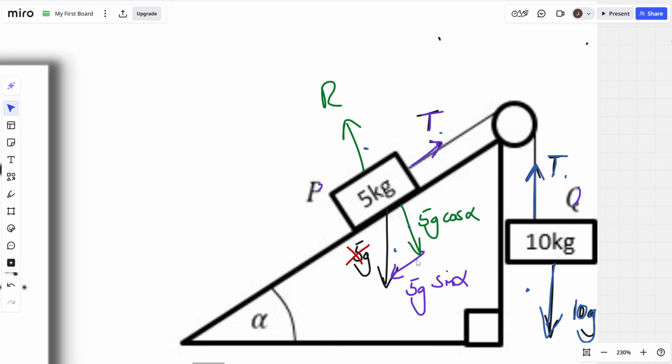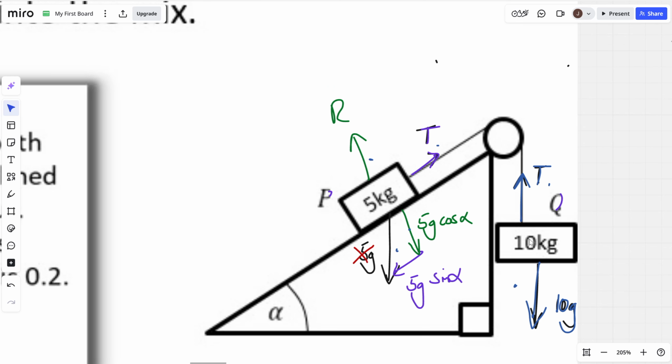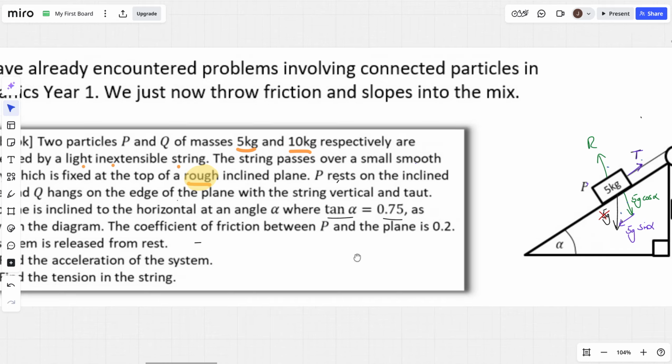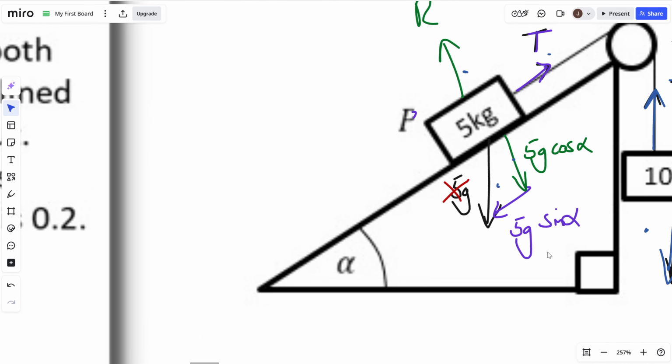So how do we do it? Well, what we've got to realize is that 10G is quite big compared to 5G, isn't it? And when you do 5G sine alpha, well, sine alpha was 3/5. So 5G sine alpha is actually 3G.